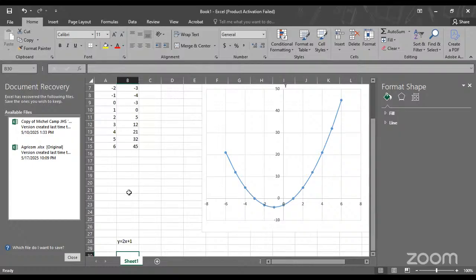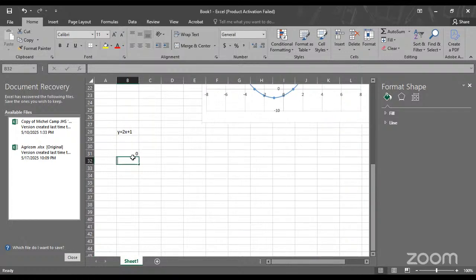Let's just use 0, 1, 2, 3, 4, 5. So this will be our x. Then our y will be the function.